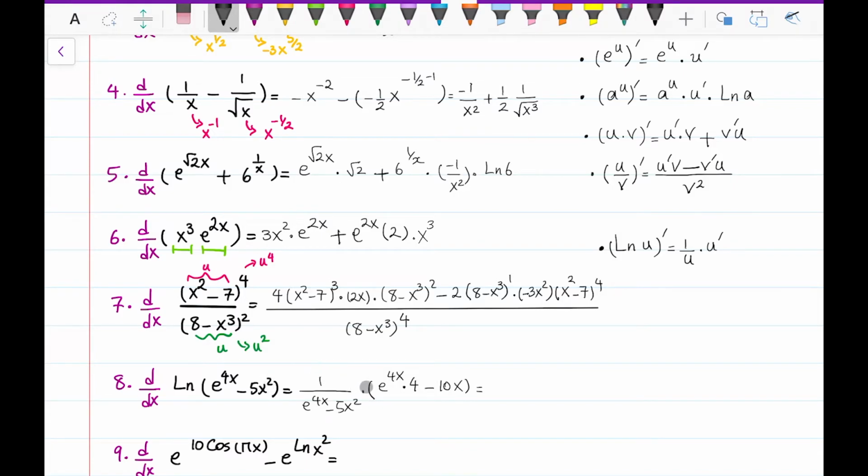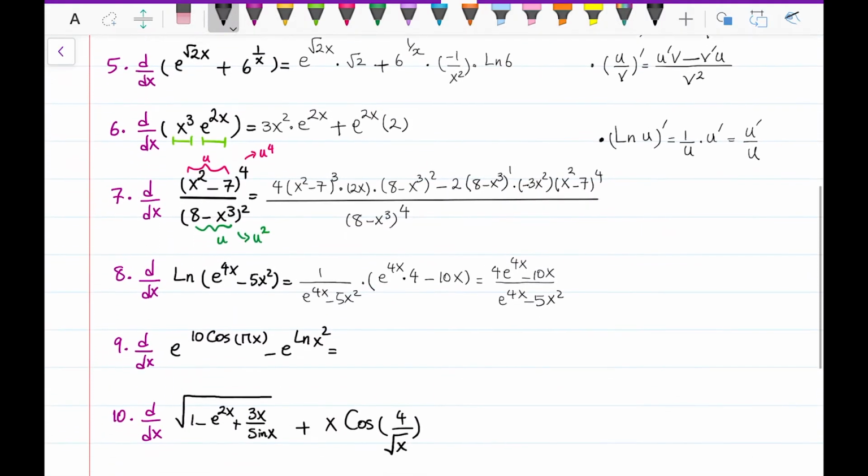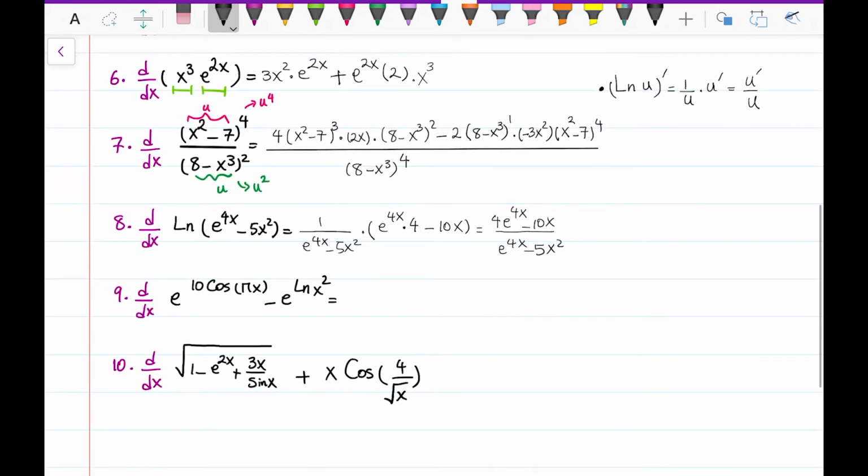As you see, this is 1 times this function, so I can write the function over, 10x over e to the 4x minus 5x squared. Or basically, I can write derivative of ln of u as u prime over u. Okay, very good. What else?